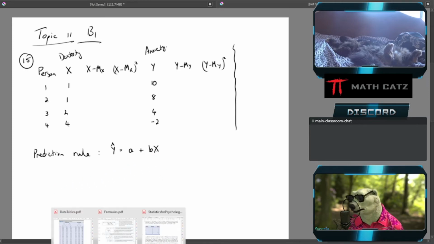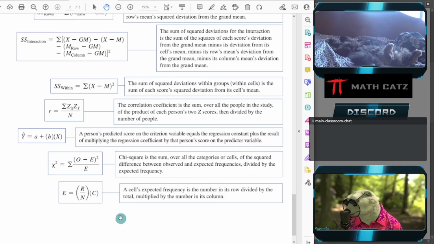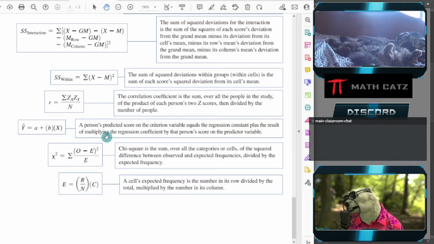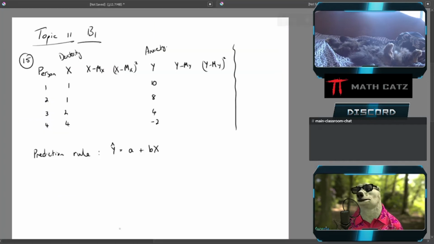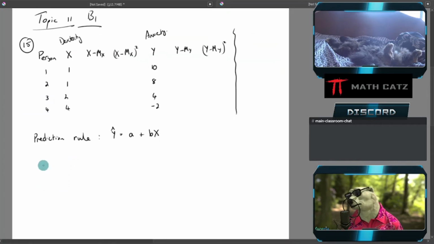Now, the a and the b are not given in a formula sheet in this book, unfortunately. We have this general prediction rule formula, but not the a and the b. So I'll add those here so you can make your own extra formula sheet if you need to.